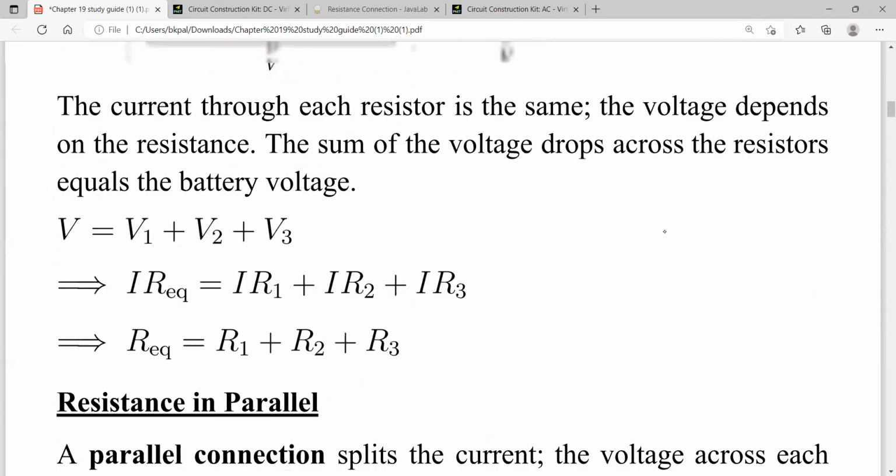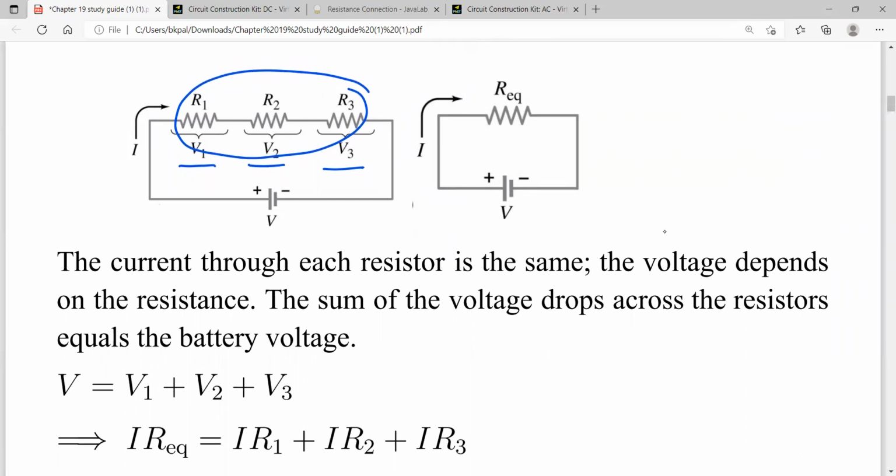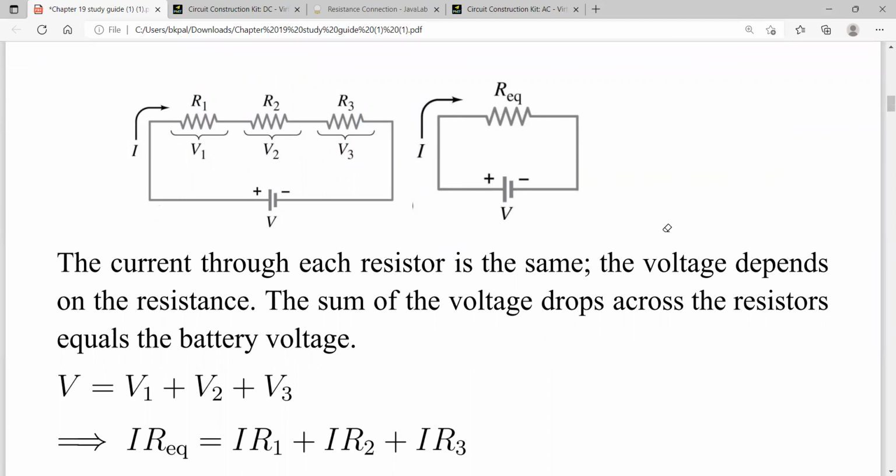Now I want to know what is the total resistance. Altogether we call it the equivalent resistance. So I want to know the equivalent resistance when R1, R2, and R3 are connected in series or in parallel. To derive that equation, let's label all the components.